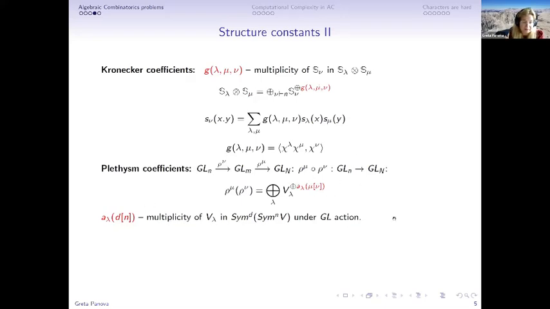These are called the plethysm coefficients. And you can study them as substitutions in Schur functions also, and expanding it in Schur functions. So that's, in some sense, for practical purposes, pretty convenient, but for conceptual purposes, this is not giving you any nice formula so far.